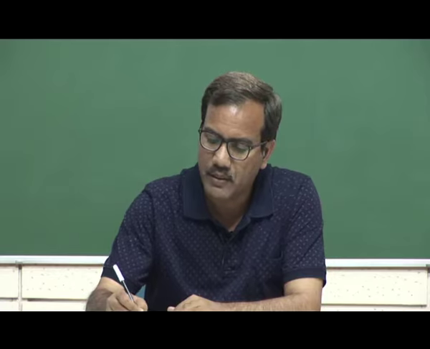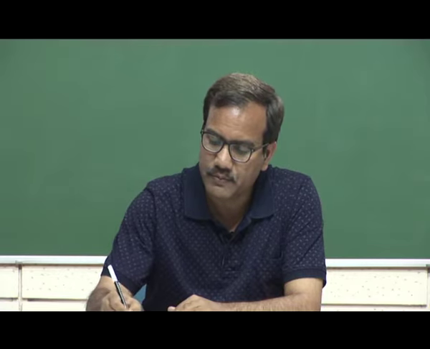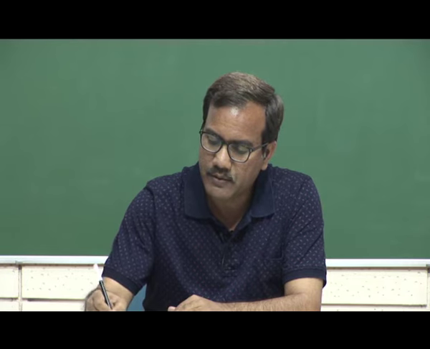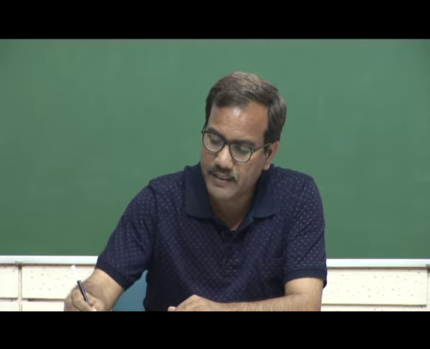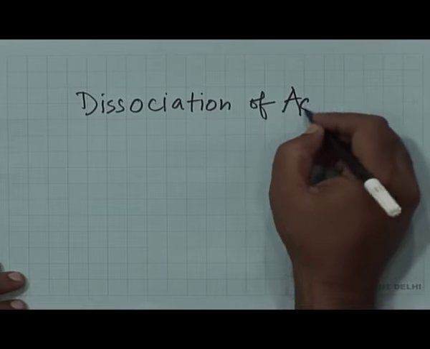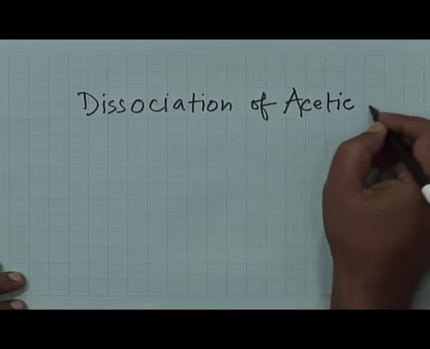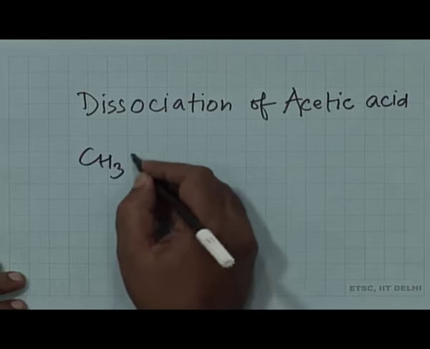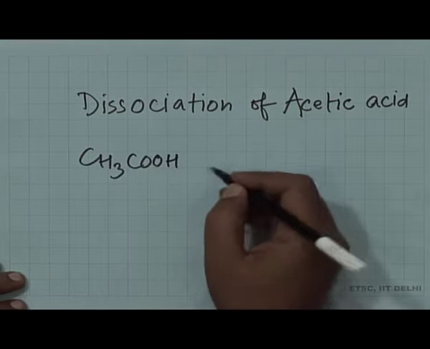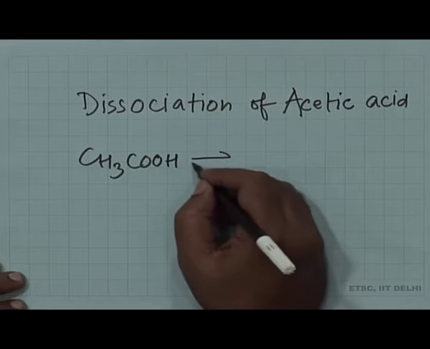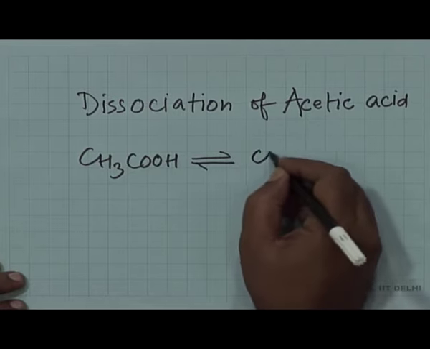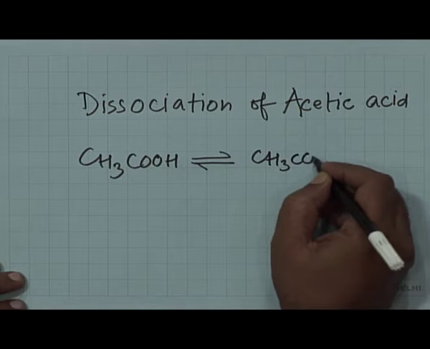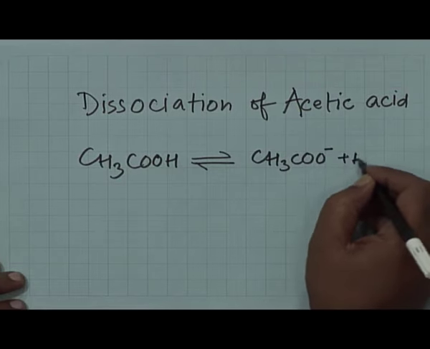For example, dissociation of acetic acid. So, this is CH3COOH. When you put it in water, it dissociates to give you acetate ion and H plus ion.